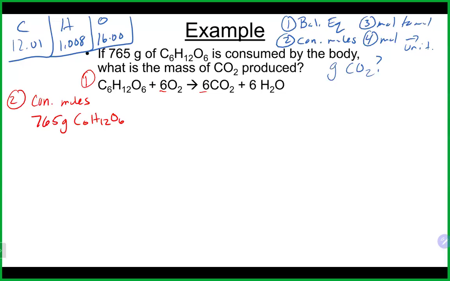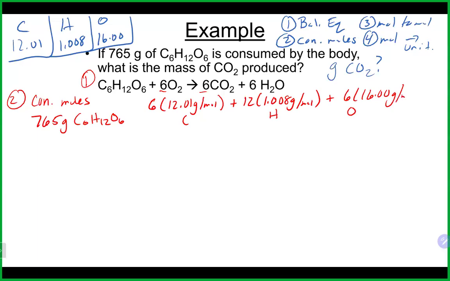Once again, we're just adding up all the parts. So there is 6 times 12.01 for our carbons. There are 12 hydrogens at 1.008 grams per mole. Again, basically our carbons, our hydrogens, and our oxygen here, which is 6 times 16 grams per mole.